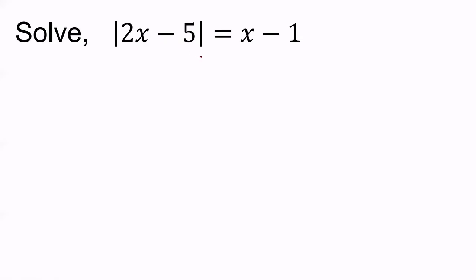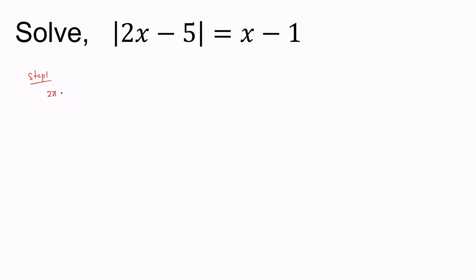We have two possible solutions: one when 2x minus 5 is positive, and one when 2x minus 5 is negative. Let me consider the first solution, the positive one, in step 1.